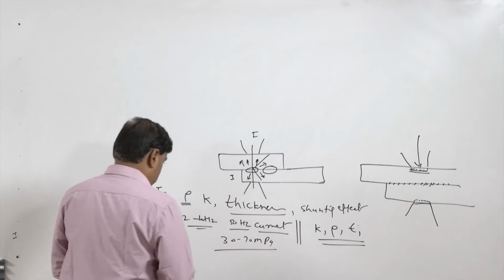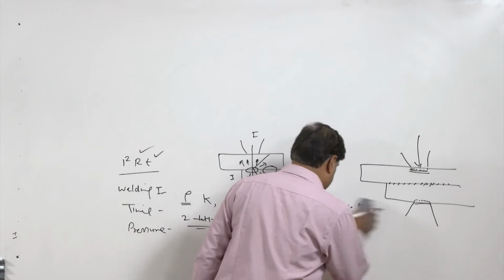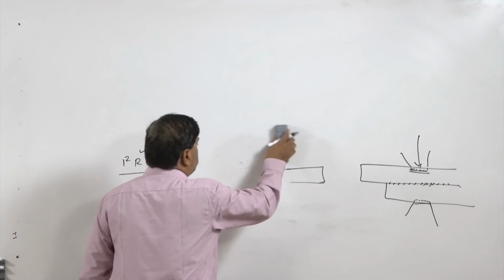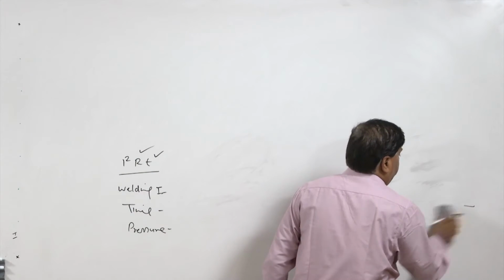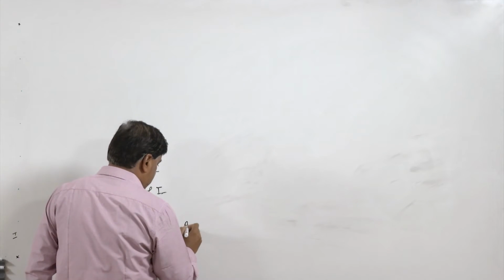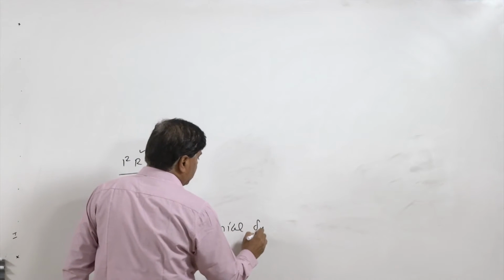So, this is also governed by a number of material-related factors, mainly the mechanical factors that govern the deformation of the material. In mechanical properties, we have the yield strength of the material.